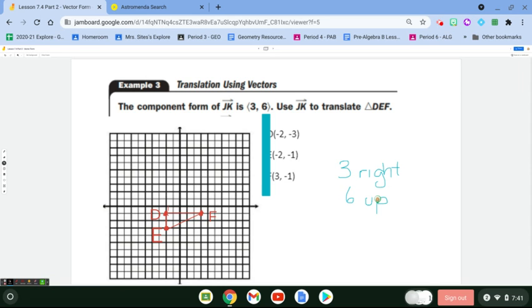So again, we would be adding 3 units to all of our x values, and we would be adding 6 units to all of our y values. Okay, so right now we can figure out what D prime would be, what E prime would be, and what F prime would be.